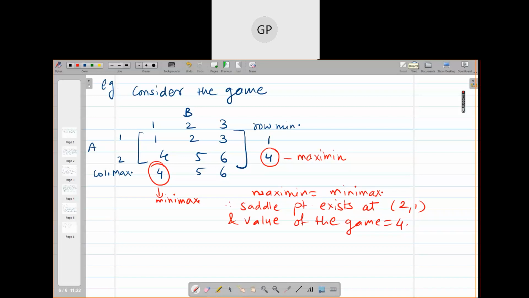Now, though the problem has a saddle point, we will see the application of dominance principle. It is not that you cannot apply dominance principle. You can always apply dominance principle. Our ultimate aim is to reduce the size of the matrix. Just think about a very big matrix. Suppose you have a 25 cross 83 matrix.